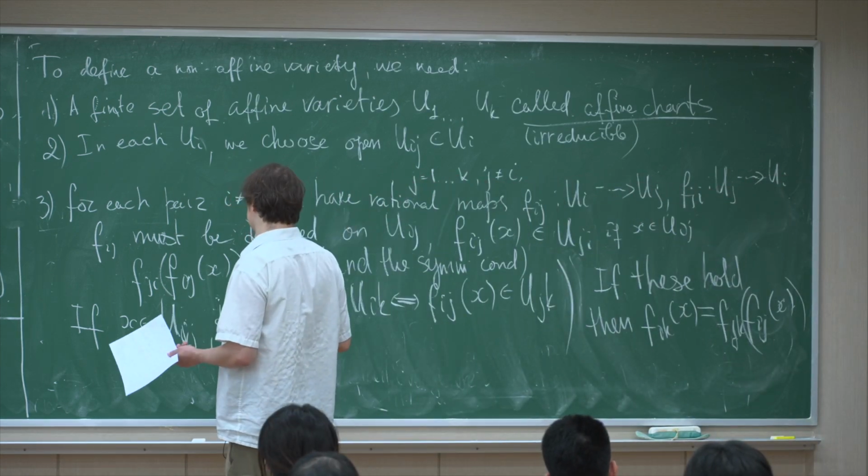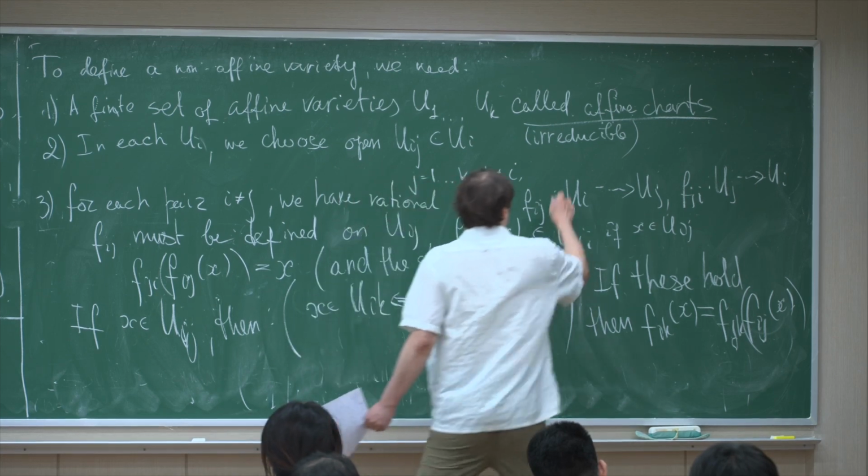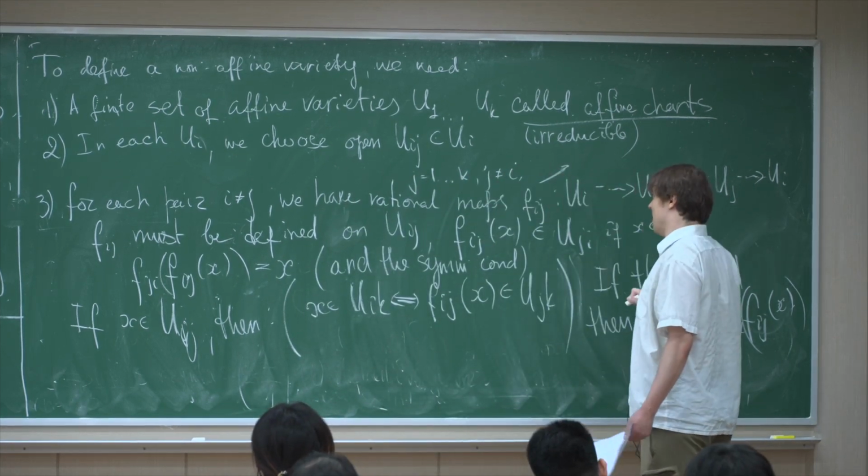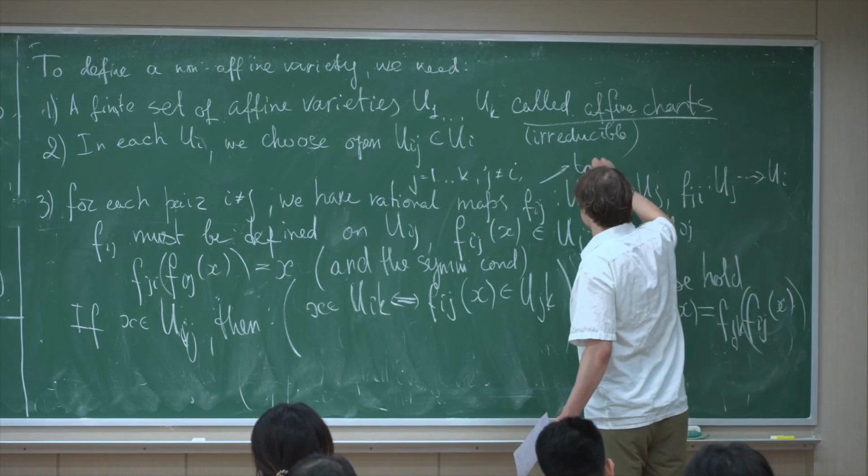These rational maps Fij are called transition maps.